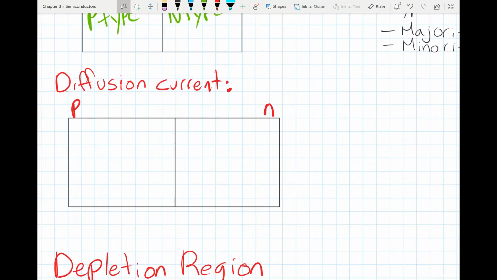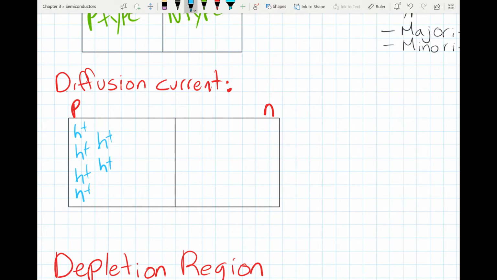Diffusion current is related to majority carriers. Let's say on the p side we have a bunch of holes. The concentration of holes in a p-type semiconductor is way bigger than the concentration of holes in an n-type semiconductor.